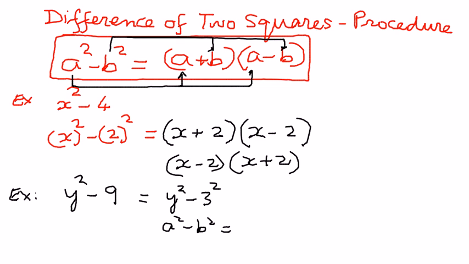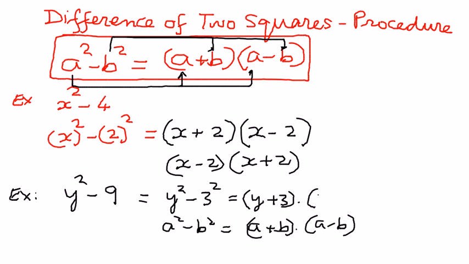We know that if we have this form, we can write the sum of the base terms times the difference of the base terms, A plus B times A minus B, and we can do the same thing here. In here, A is y, and B is 3. Y plus 3, that is the sum of the two base terms, times the difference of the base terms, y minus 3.